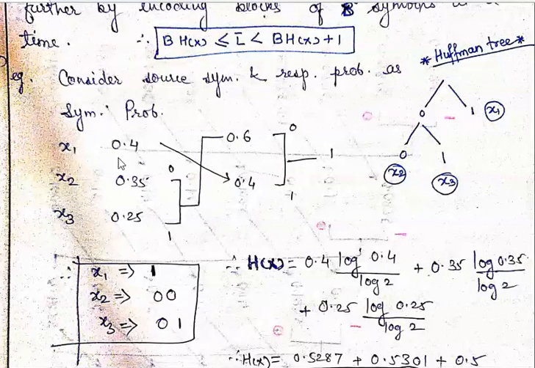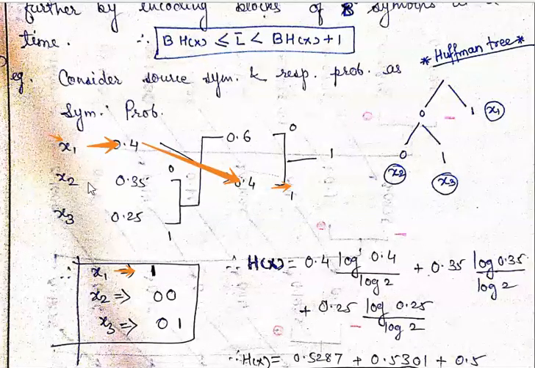Now let's check what exactly the message x1 has as the related bits to be represented. So for x1, let's track this path. It will be like this. So it is only 1. That is the number of bits used to represent x1. So the code word is 1 itself.